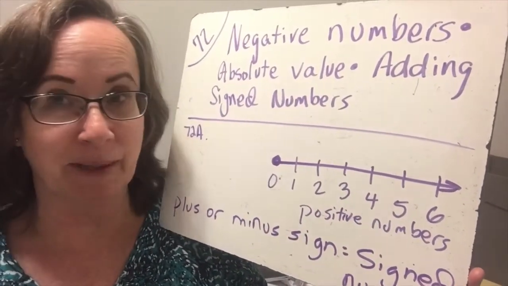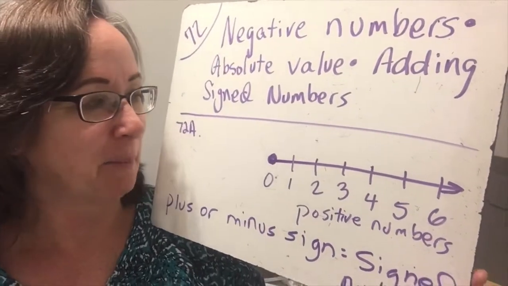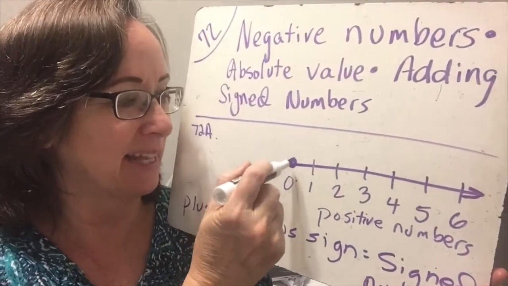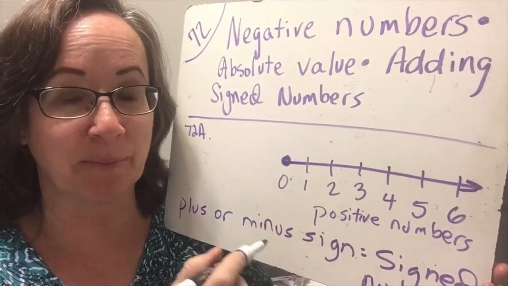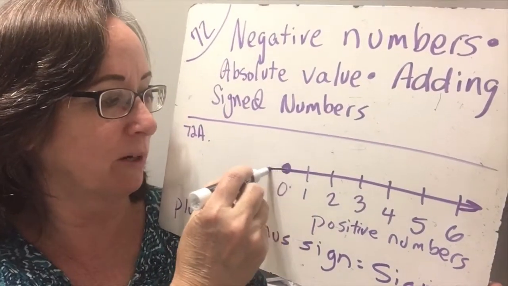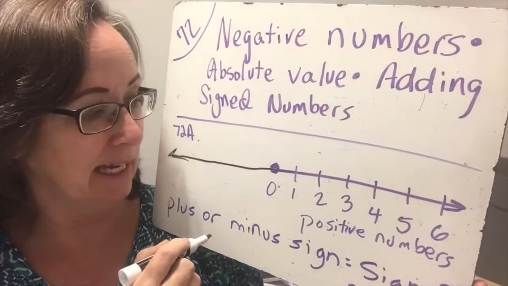So what we're talking about today is the bigger picture, because we know that the number ray is only part of the number line. So we're going to introduce the number line today.